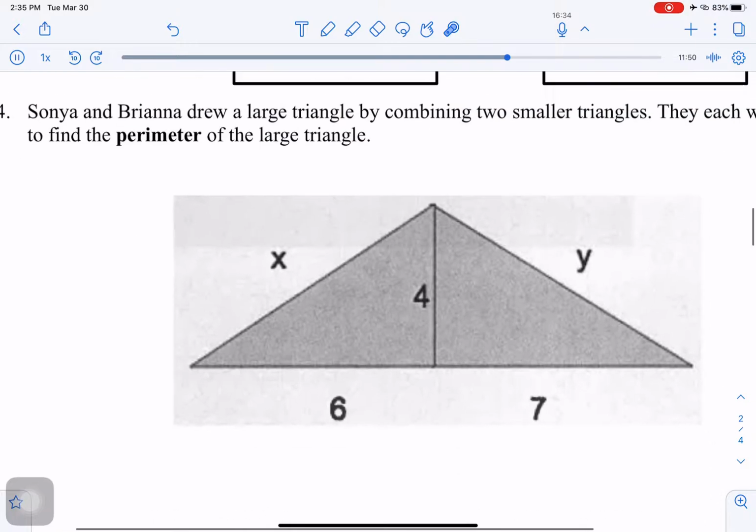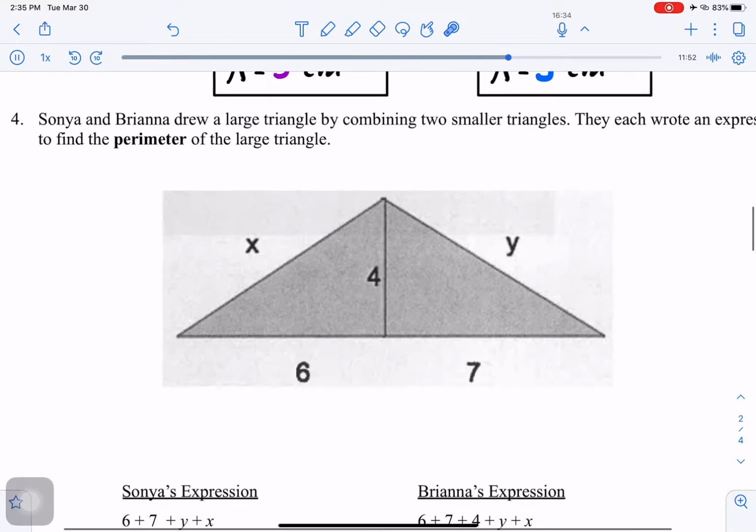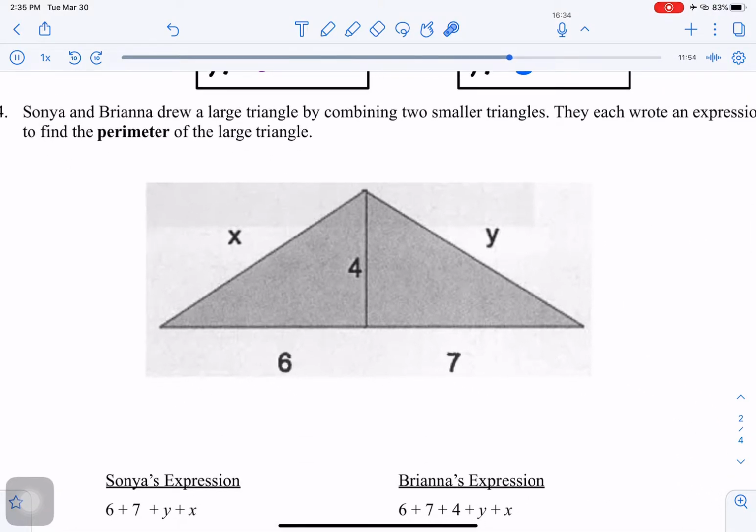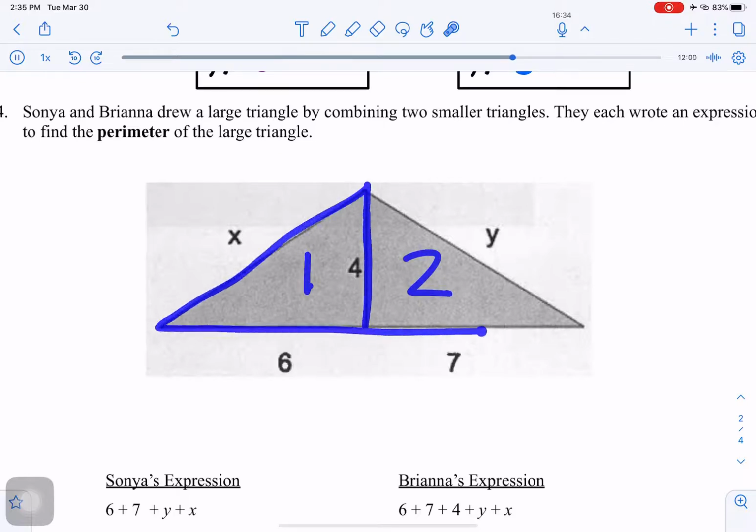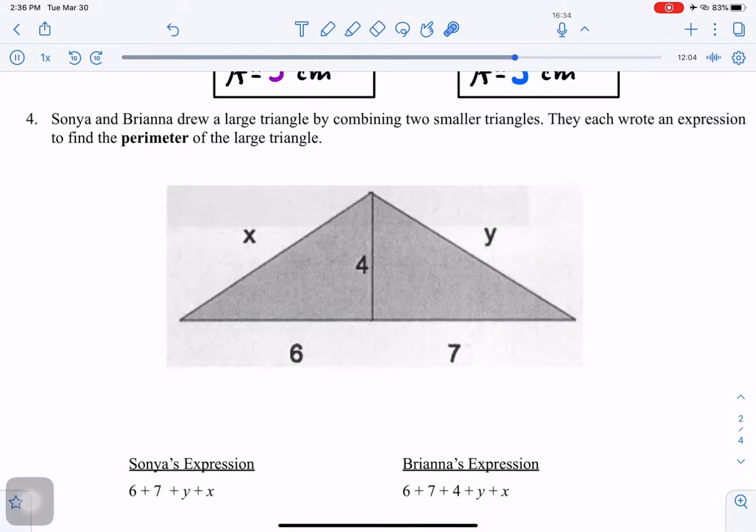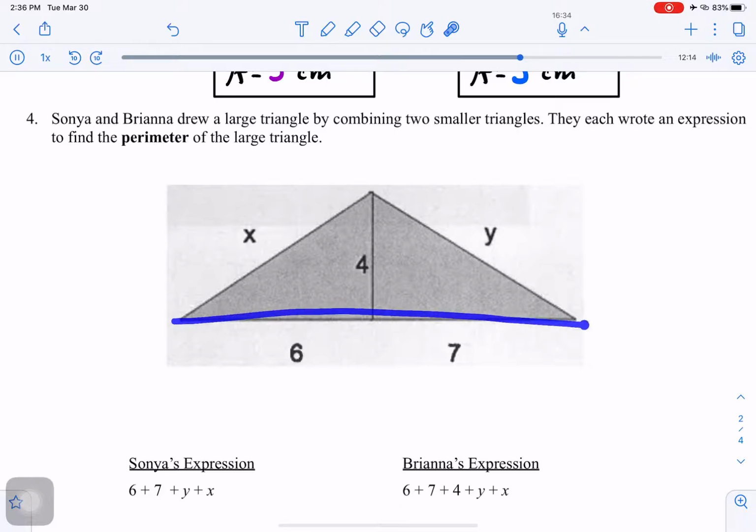Taking a look at number 4, it says Sonia and Brianna drew a large triangle by combining 2 smaller triangles. They each wrote an expression to find the perimeter of the larger triangle. So as we see here, we can imagine that these 2 triangles were separate at some point. They are now put together, and we know that the definition of perimeter is the distance around a shape.